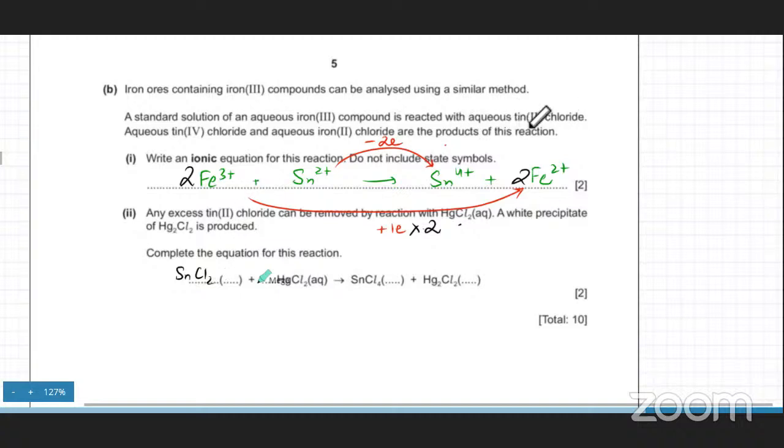Tin 2 chloride is aqueous. It's a soluble compound. And tin 4 chloride is also aqueous. This one is also aqueous. The only thing left is the white precipitate of Hg2Cl2. That is the one that's going to be a solid.